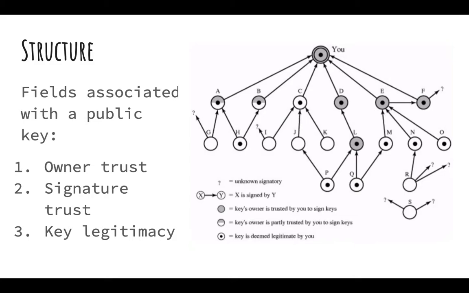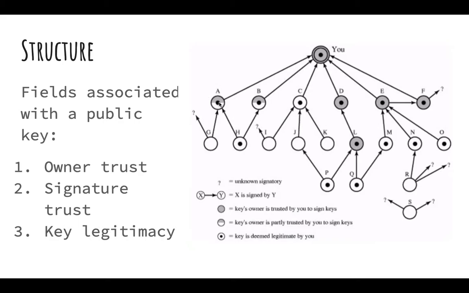As an example, the public keyring can be illustrated as a tree. Each node represents the public key of a user, and the node with label U refers to the owner of the keyring. The shading of each node indicates the level of trust you give to the signature from the user.